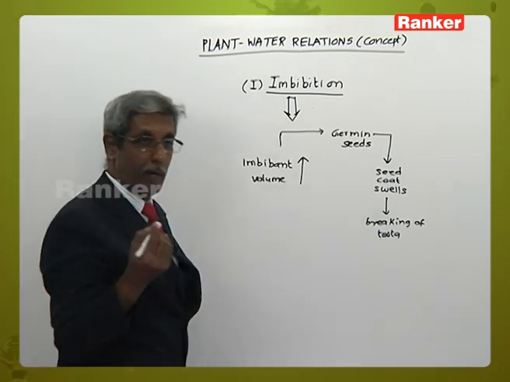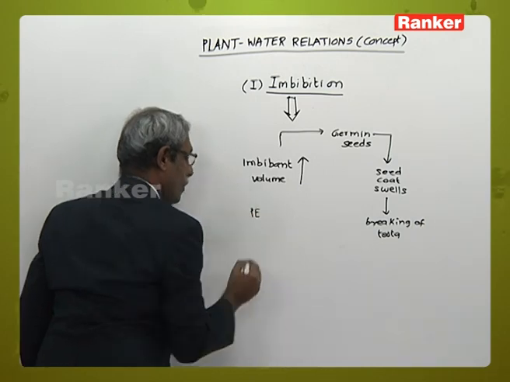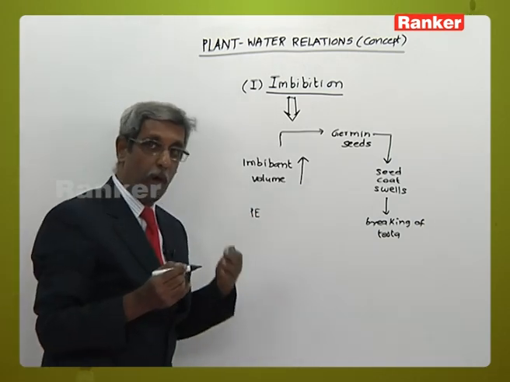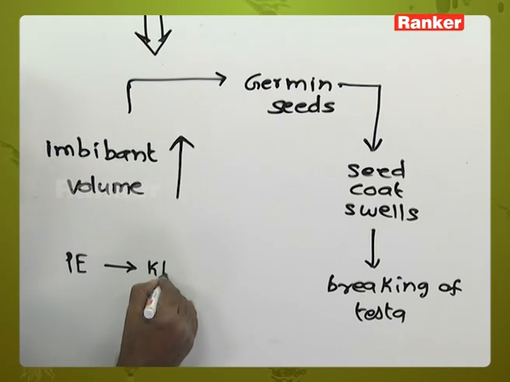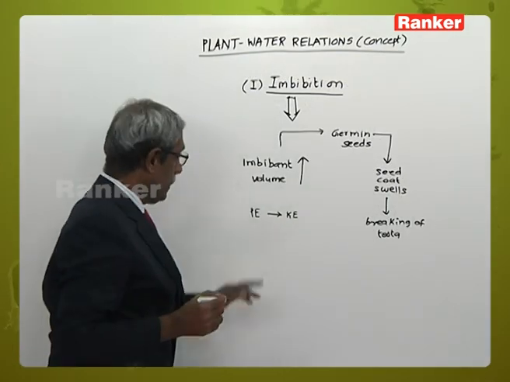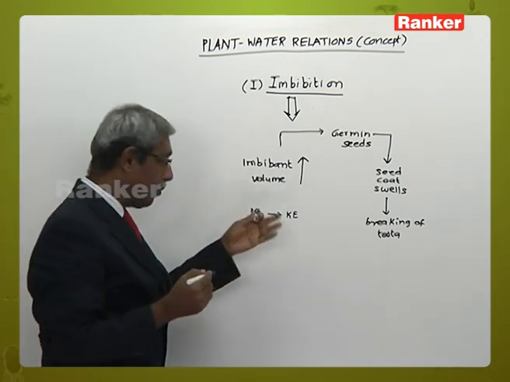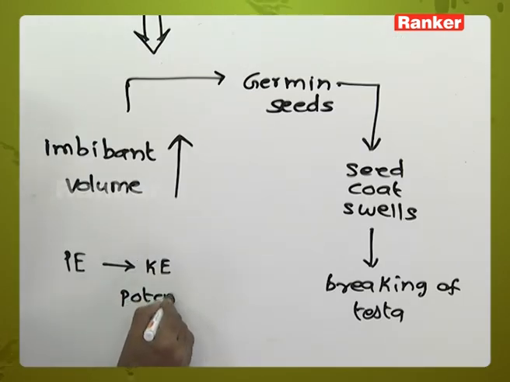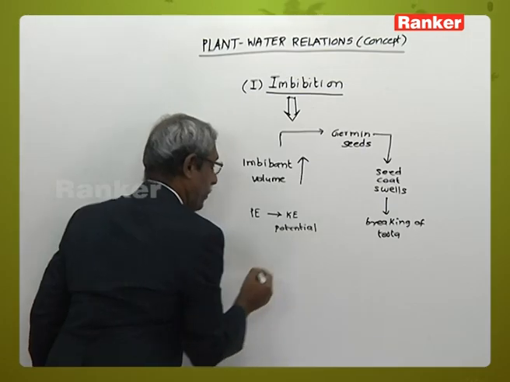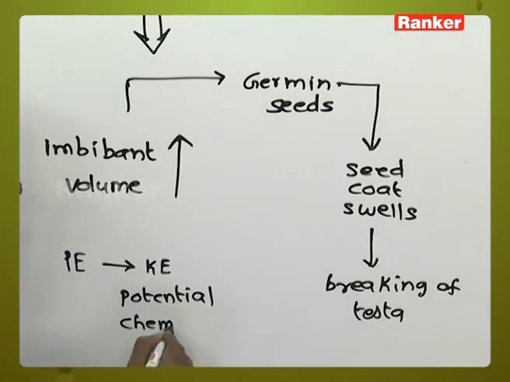Normally during imbibition, what happens? The potential energy of the solute or the solvent is converted to kinetic energy. It has the capacity to do work, and when it has the capacity to do work, you call it a potential. The potential is attributed to the chemical, hence you call it a chemical potential.